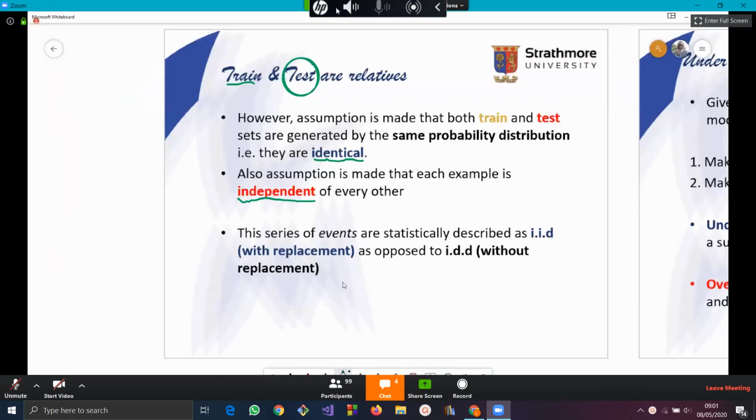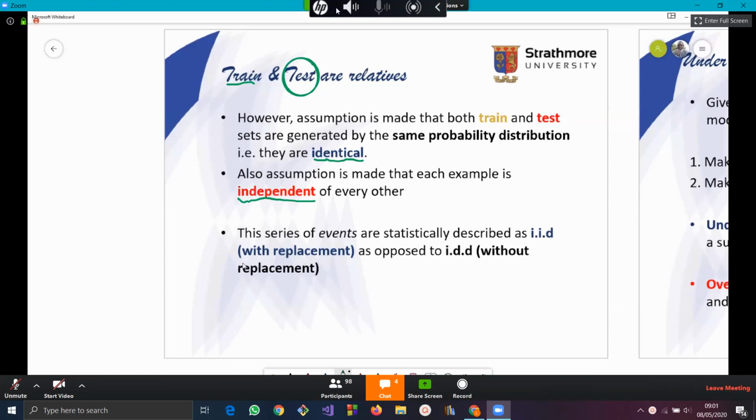So what does that mean? We normally call this series of events statistically described as IID.